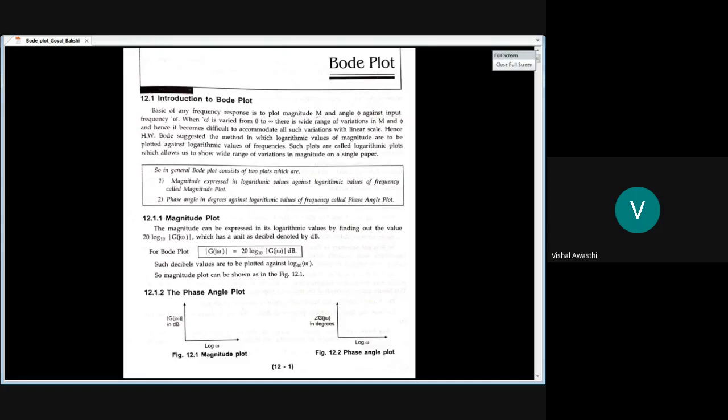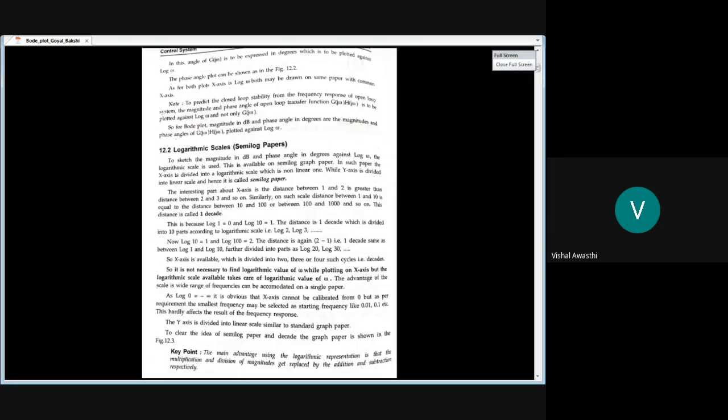So you are having the screen in which we have different plots of simple poles and simple zeros, system gain k, and the poles and zero at origin.